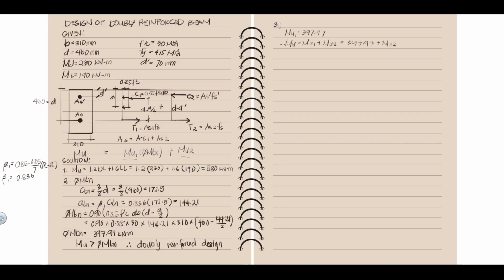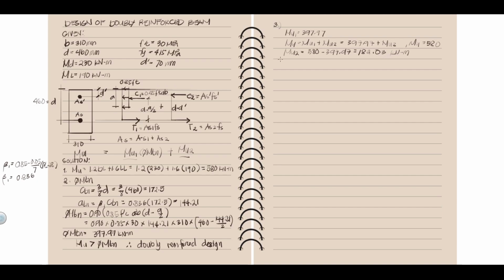Where our MU here is equal to, yung given, 580. So, we will get our MU2 as equal to 580 bawasan lang natin ng MU1. So, we will have an MU2 of 182.03. So meaning, ito na yung additional moment to be resisted by our compression bar.